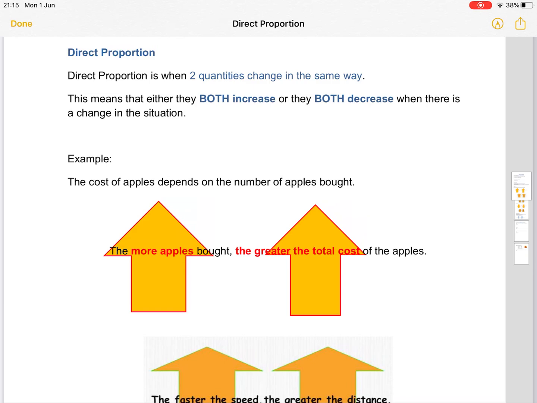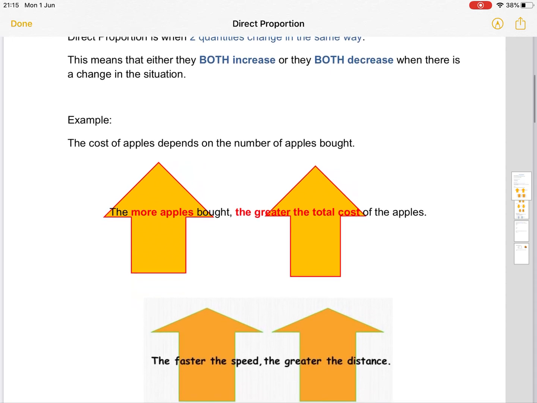For example, the cost of apples depends on the number of apples bought, alright? So, the more apples bought, the greater the total cost of apples, okay? You have to pay more for the apples, okay?